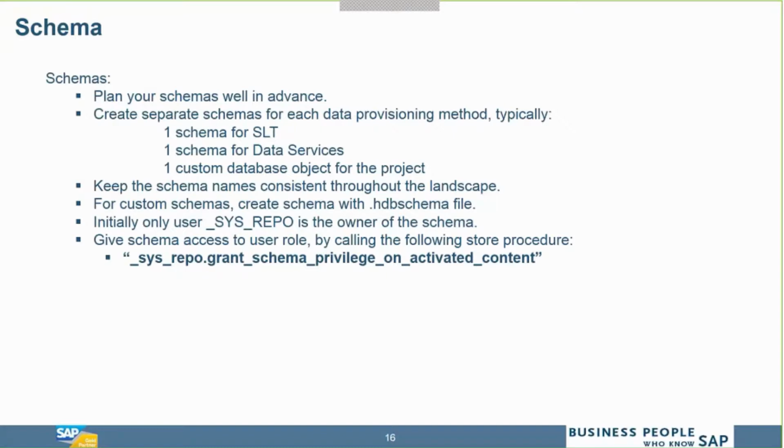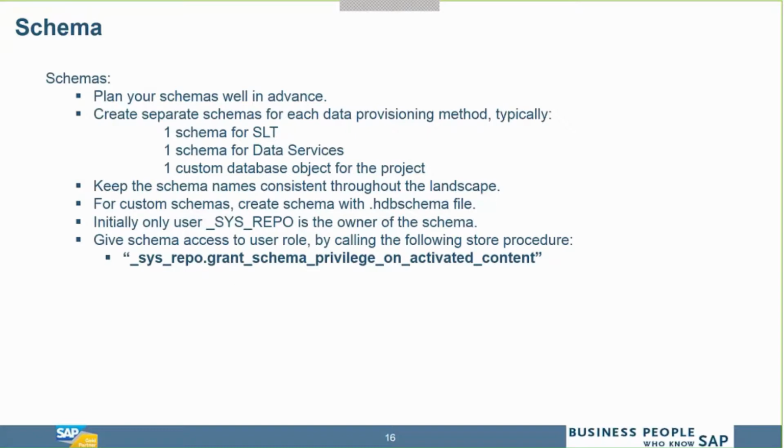The reason why I'm saying that is there is a way you can project it. You can do something called a schema mapping, but if you are using any sort of scripted SQL and all that stuff, managing different schema names in different systems would become really hard. So keep the schema names very consistent throughout your landscape.